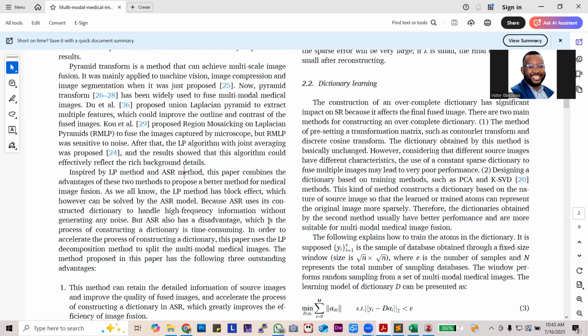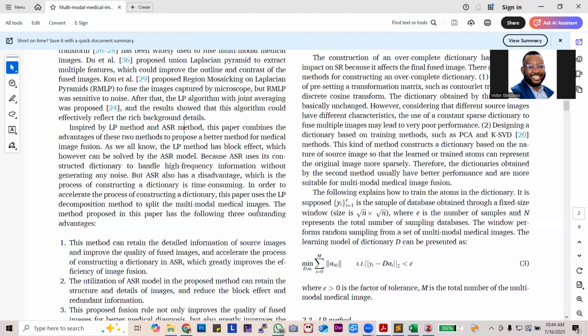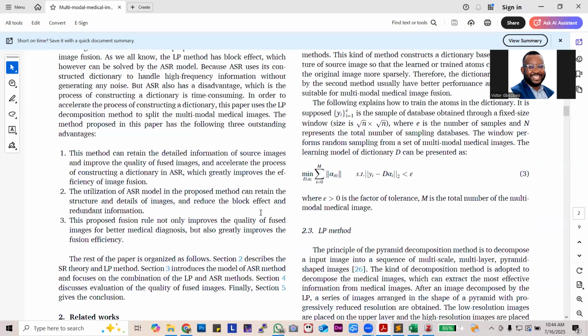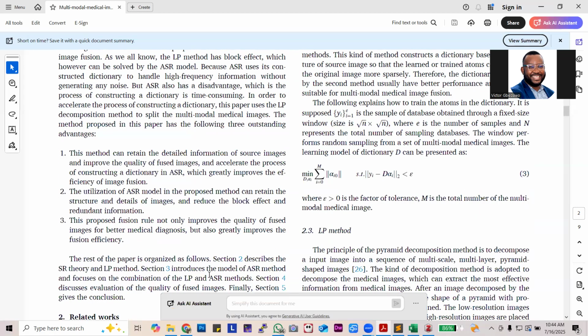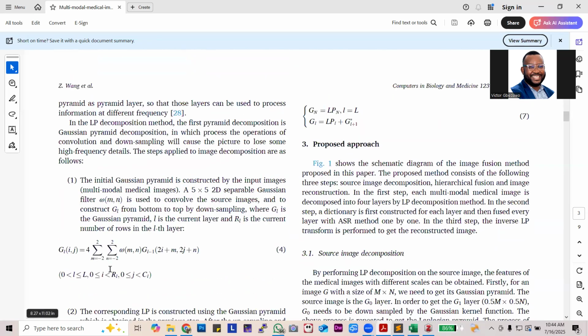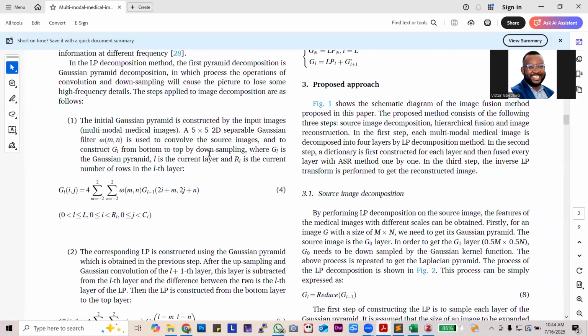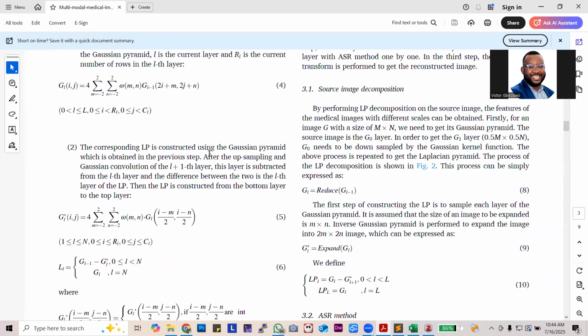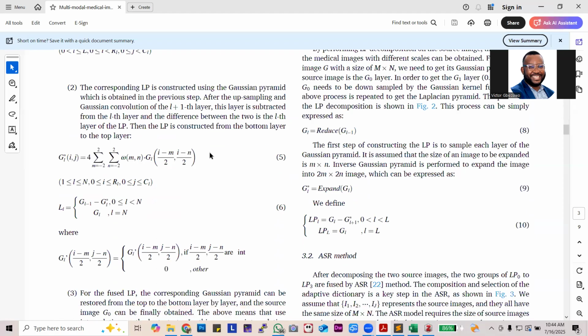But here, let's go further. Decomposition method splits the multimodal combinations. Okay, so these are just some advantages they're talking about. So the rest of the paper is organized as such. So let's say that these are previous works. What are they talking about? So here, they haven't actually indicated their objectives. That's another problem.